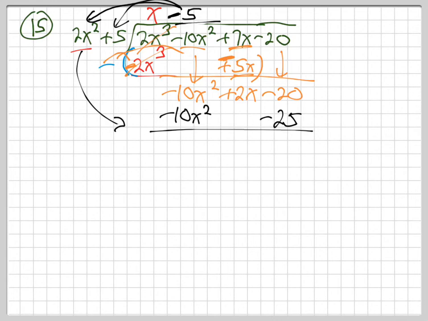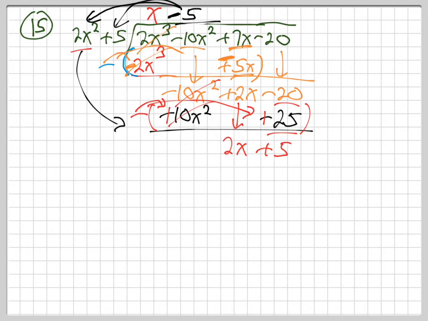So now you know what to do. We've got to subtract, with parentheses, you've got to subtract that whole denominator from the numerator, from the top. So that means that minus sign again is distribute, make that plus, distribute, make that plus, right? It changes both the signs. Minus 10x squared plus 10x squared is 0. That should always happen. Bring down the 2x. Minus 20 plus 25 is plus 5.